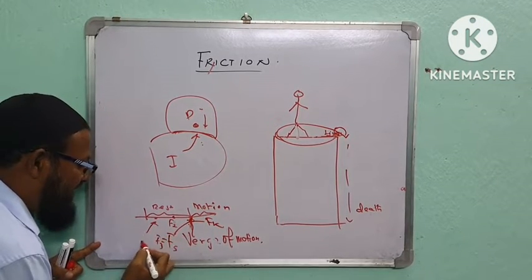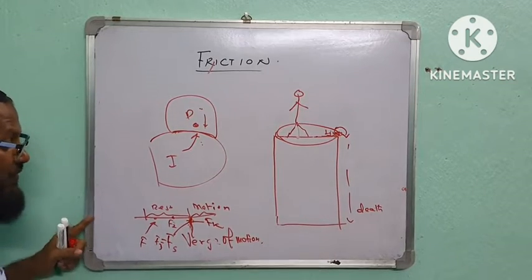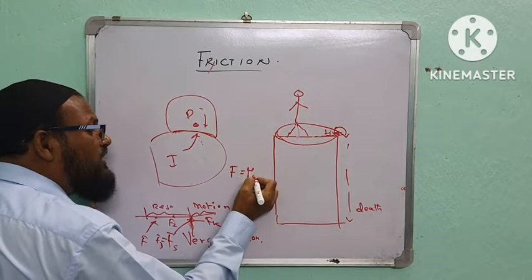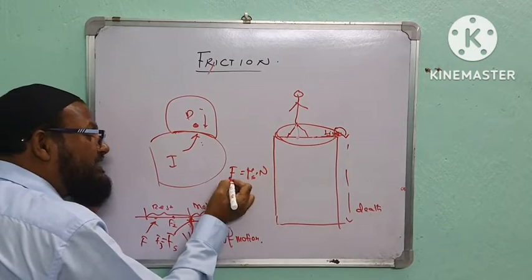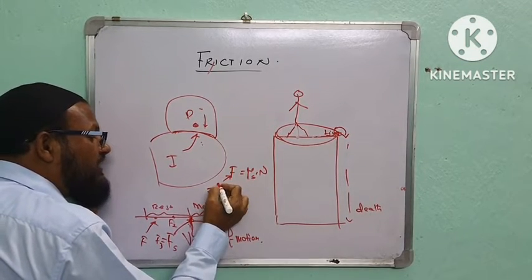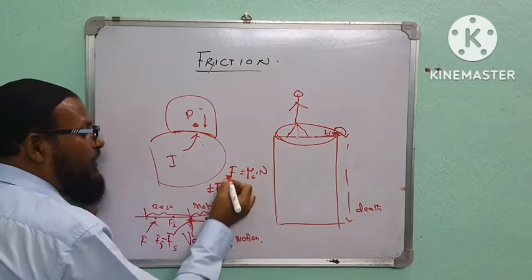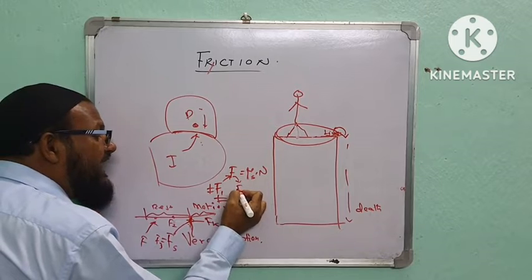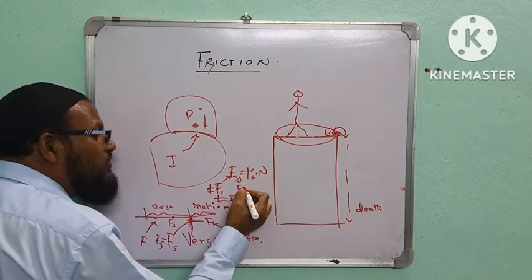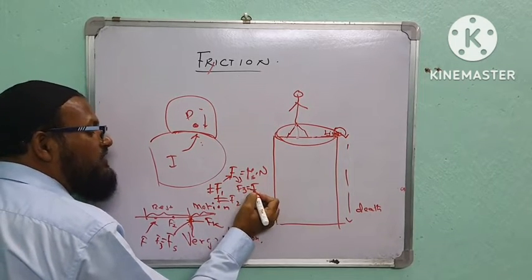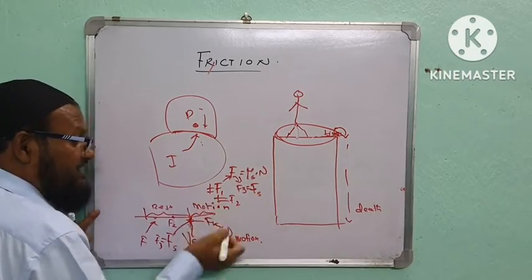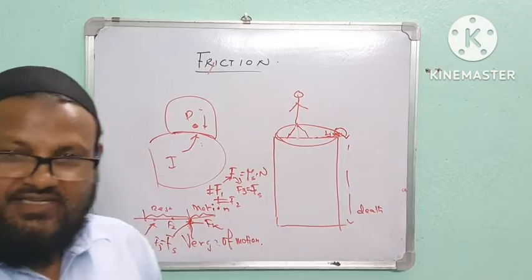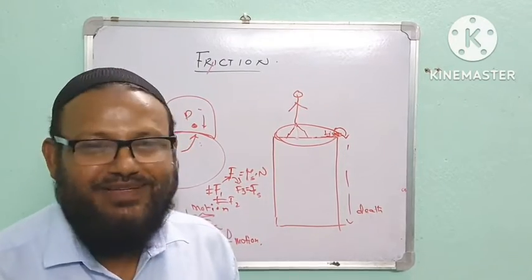The problem is that when we write F equal to mu s N, this F not equal to F1, this F not equal to F2, this F equal to F3 equal to Fs. These F1, F2 are the friction but this is not the limiting friction.